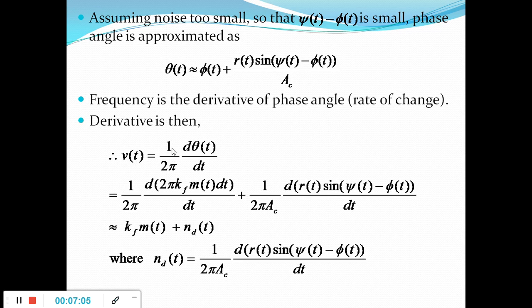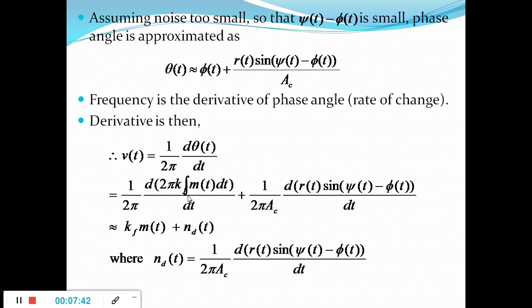V of t equal to 1 by 2 pi derivative of theta of t, that is 1 by 2 pi derivative of theta of t, which is nothing but phi of t, where phi of t is 2 pi kf integration of m of t dt, plus the other term's derivative, 1 by 2 pi AC derivative of r of t sin psi of t minus phi of t.